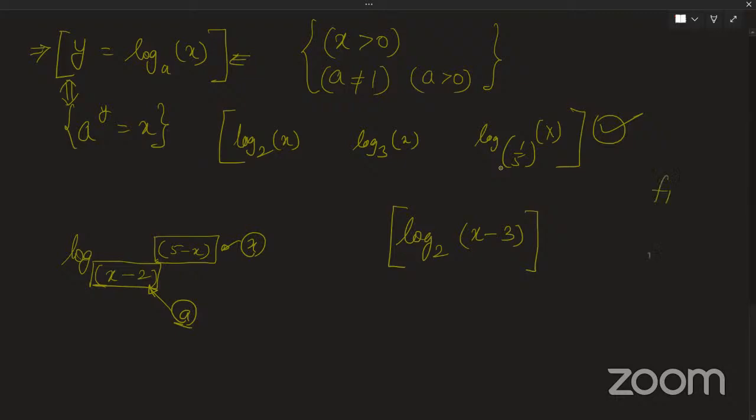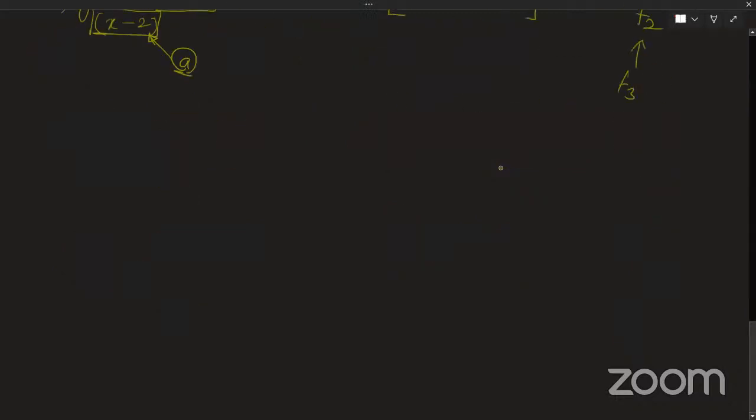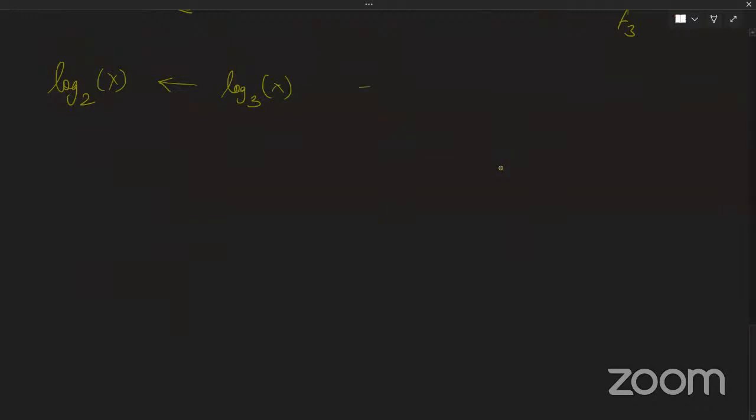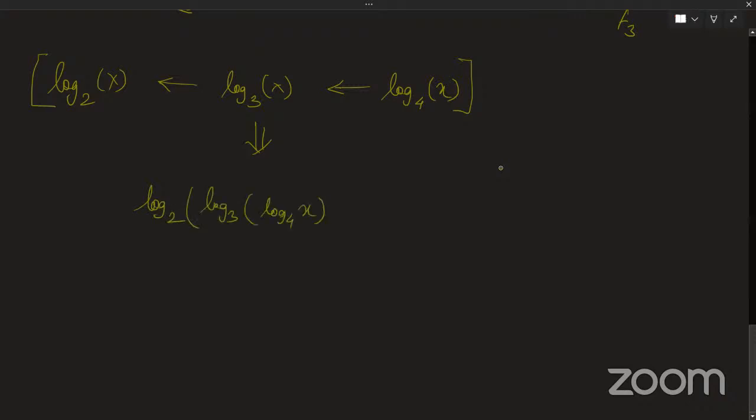What happened in chain rule was I had one function and another function, and I was putting one function inside the other. Similarly, just think of it like this. I have a function, inside that I am putting this function, and inside that I am putting this function. So this overall thing will turn out to be something like log base 2, log 3, log 4x.